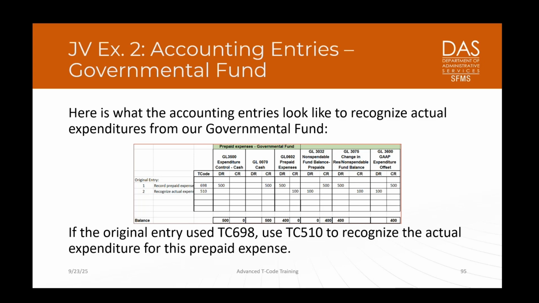We got our change in non-spendables debit and GAAP expenditure credit. Pretty long entry. Whoever chooses to use 698, good luck.